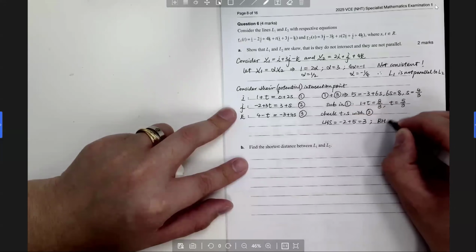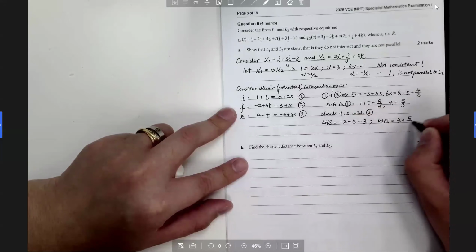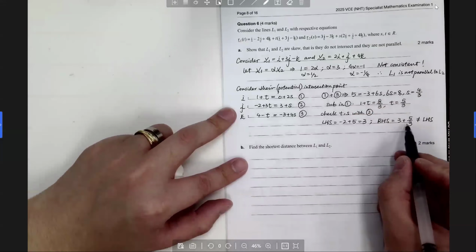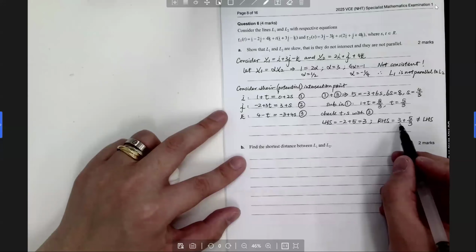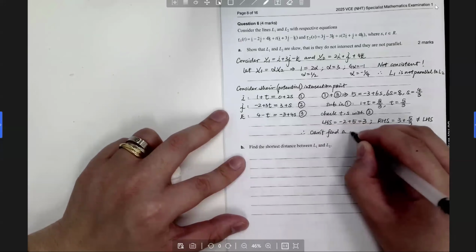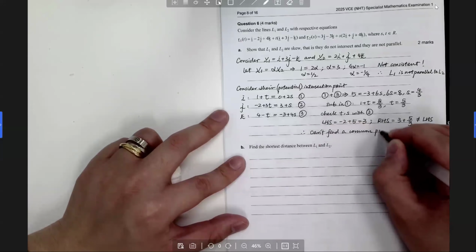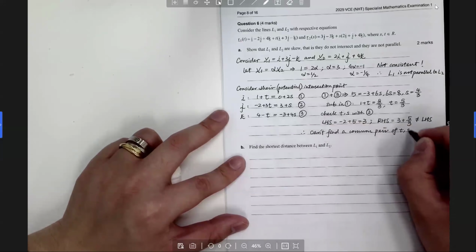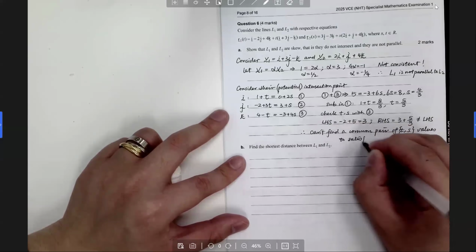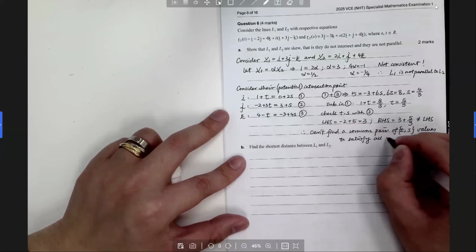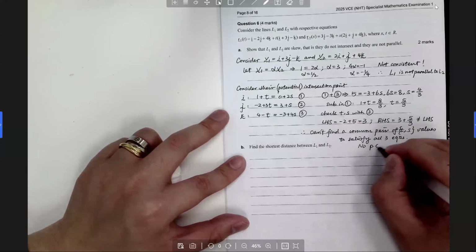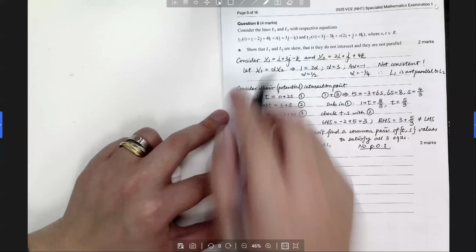And the right-hand side is 3 plus 4 over 3. Here is the problem, which is not equal to the left-hand side. Apparently, it has an extra bit beyond 3. Therefore, we can't find a common pair of t, s values to satisfy all 3 equations. No point of intersection. So that's why L1 and L2 are skew.